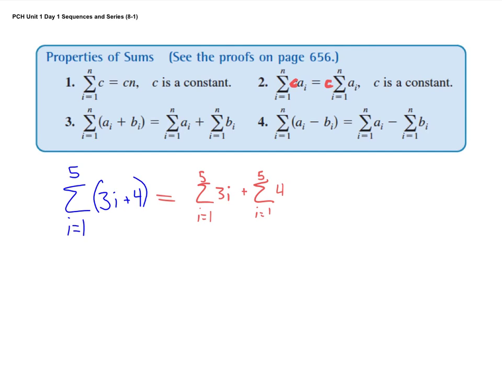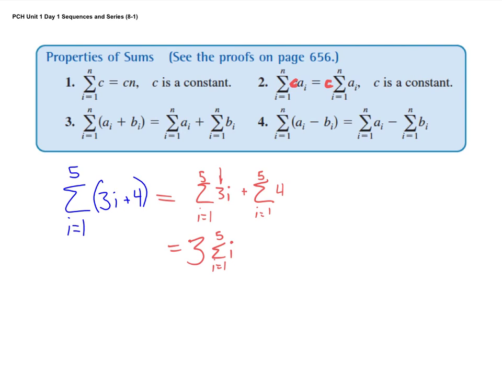But then I could keep going, right? Here, this is a constant multiplied by my index. So what can I do with that 3? I can take it out. I could rewrite this as 3 times the sum from i equals 1 to 5 of just i.